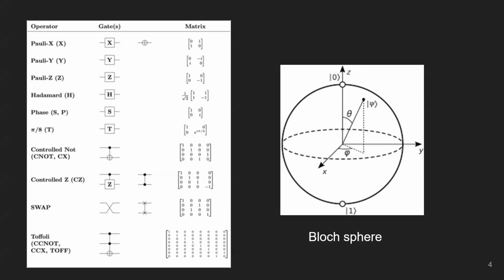Basically, if this top qubit has a 1, then you flip the bottom qubit. You use an X gate on it, which is basically like a NOT gate. If the control qubit is 0, then you do nothing.